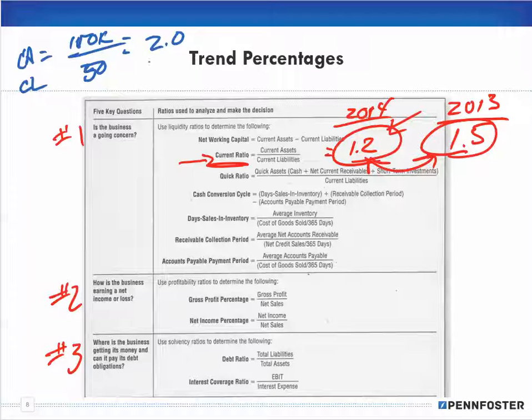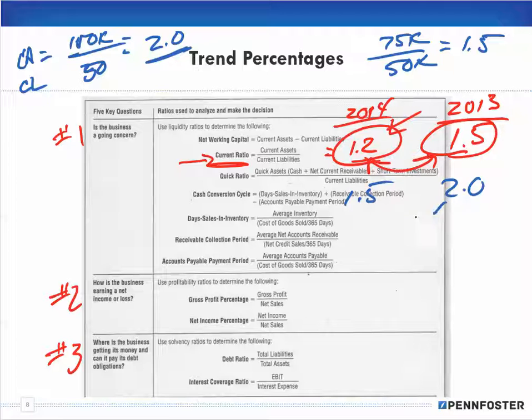Now that doesn't mean much by itself, but if I change my current assets to 75,000 and my current liabilities stay at 50,000, divided by 50, now it ends up being 1.5. So if in 2013 I was at 2.0 and in 2014 I went down to 1.5, is this good or is this bad? That's the way you need to look at it.